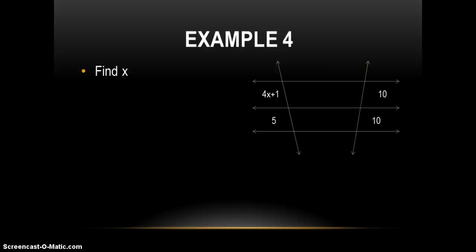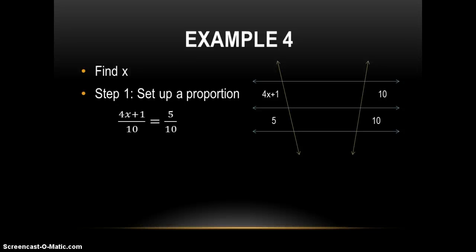So our last example, example 4, we want to find x. So we're going to set up a proportion. So we're going to have 4x plus 1 over 10, because those two correspond, equals 5/10, because those two correspond. So now we just want to cross multiply and solve.